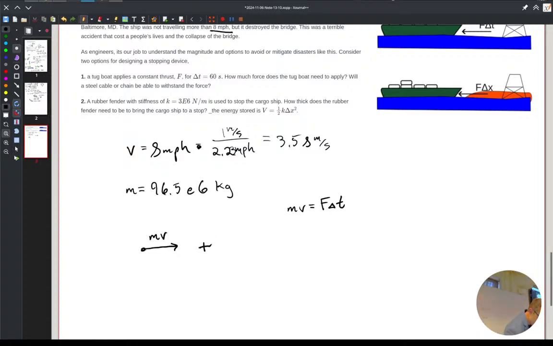I'm going to add to that the impulse of F delta T. Here I could call it average F: for a given amount of time, this is how much average force I need to apply. And at the very end, the goal is we want nothing left. We want to actually stop this thing, so it's not now moving backwards, which also causes problems.